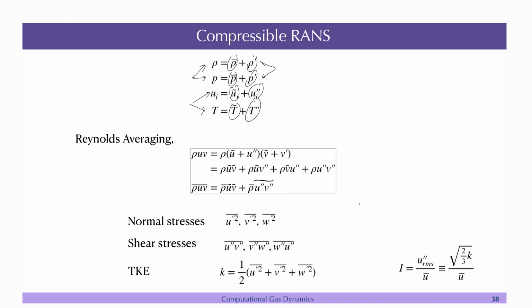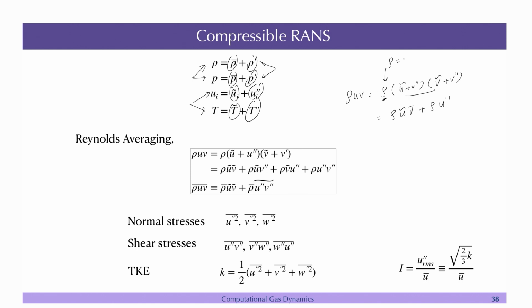So, once you do that, we will use that trick. Now, you have rho u v, that will be rho times u tilde plus u double prime and v tilde plus v double prime. Now, you do this rho u tilde v tilde. Okay. Don't get confused about why I am not using it, because rho will be absorbed.